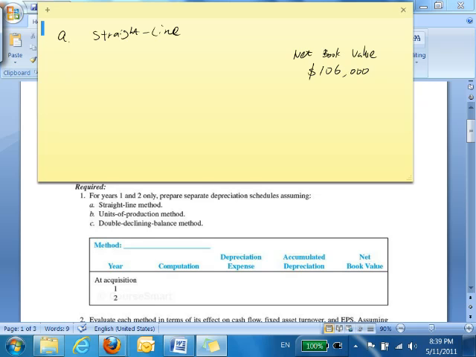And in year one, the computation for the depreciation goes like this. It equals the original value, historical cost 106,000, minus the residual value, which is 2,000, and depreciate over 13 years. This is the annual depreciation expense.